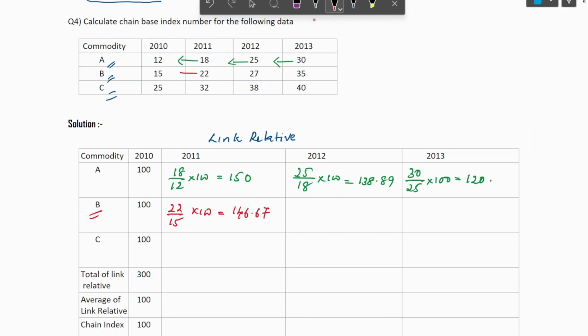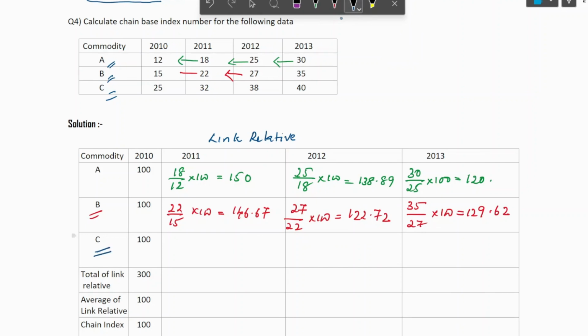We will complete it while writing the values first. 27 divided by 22 into 100, and next 35 divided by 27 into 100, that is 122.72 here, 129.62 here. That means you have completed the calculation of link relative of B.